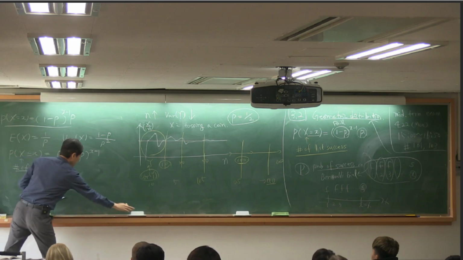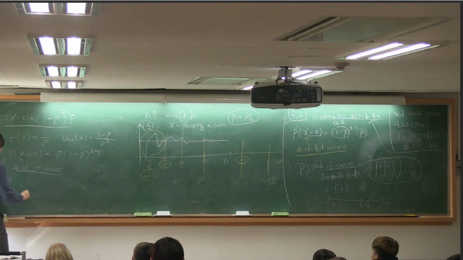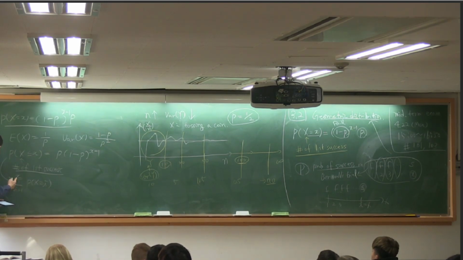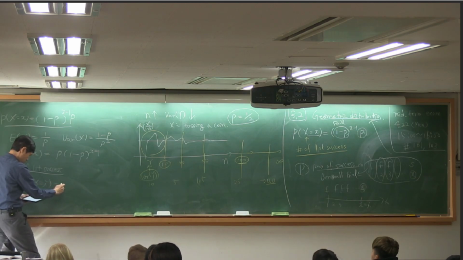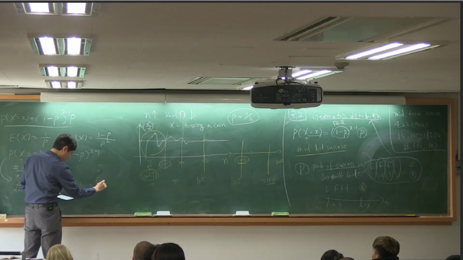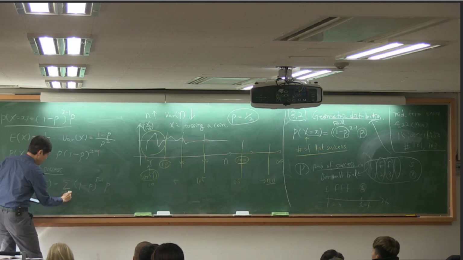Actually, you can calculate this probability. It is also in the textbook, you can see it there. This is the summation of the probability that X is i, when i is from 1 to x. This i should start from 1 because there should be a single success. So this is the summation of 1 minus p to the i minus 1 times p, with i from 1 to x.